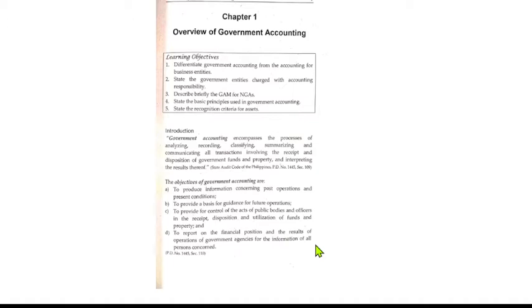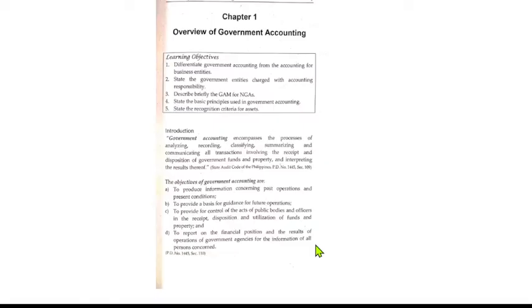Kasi nga, because of the volume of transactions and the enormity of the transactions and the uniqueness of the use of accounting procedures in the government, dapat meron tayong separate government accounting manual that will encompass all the process of analyzing, recording, classifying, summarizing, and communicating yung mga financial transactions natin.